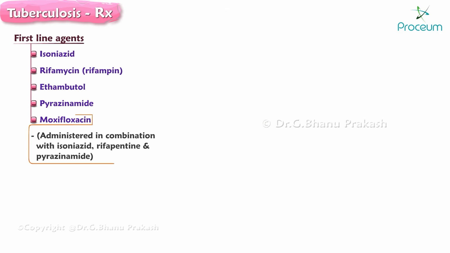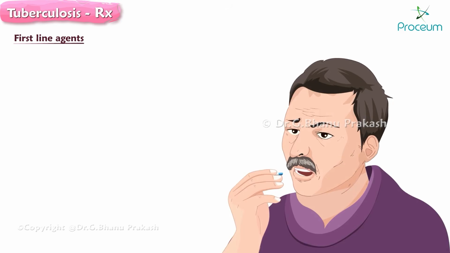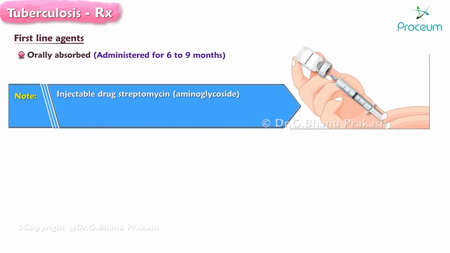These drugs have different targets in the mycobacterial cell, whether a cell wall component or at the DNA level. Most of the drugs are orally absorbed, which is important because they must be administered for 6 to 9 months, depending on the regimen. Note: the injectable drug streptomycin, an aminoglycoside, is now being used more frequently because of the growing prevalence of resistance to the four oral drugs.